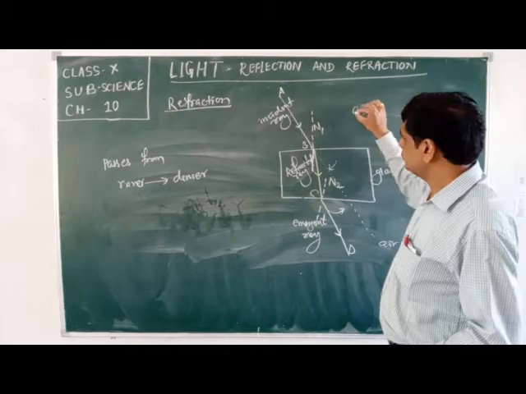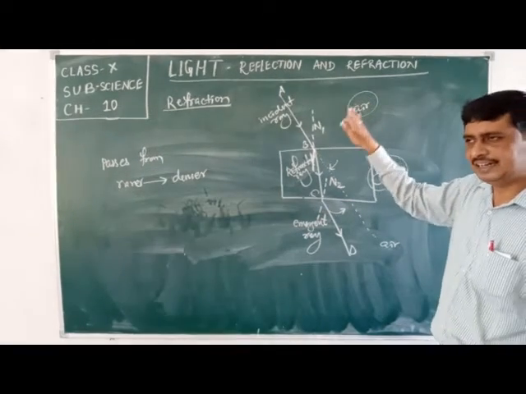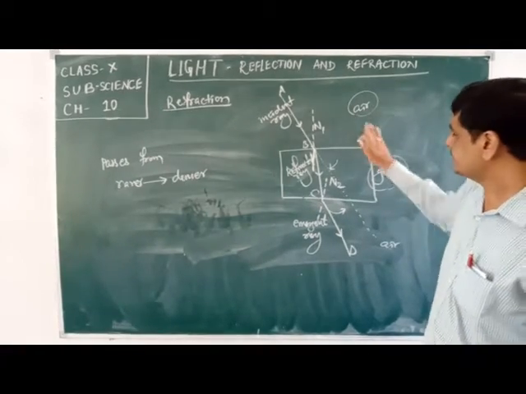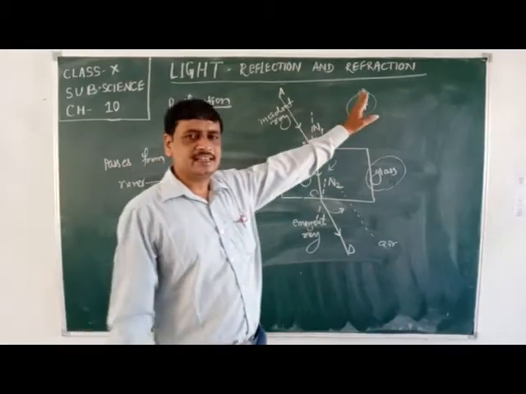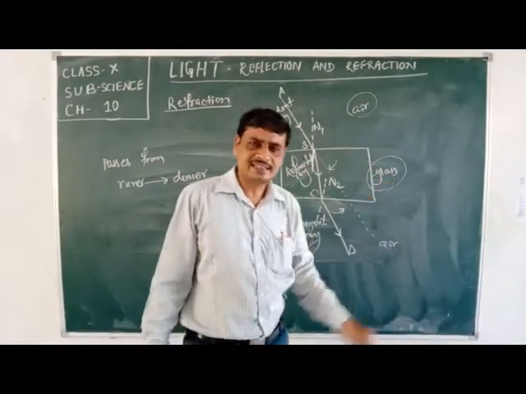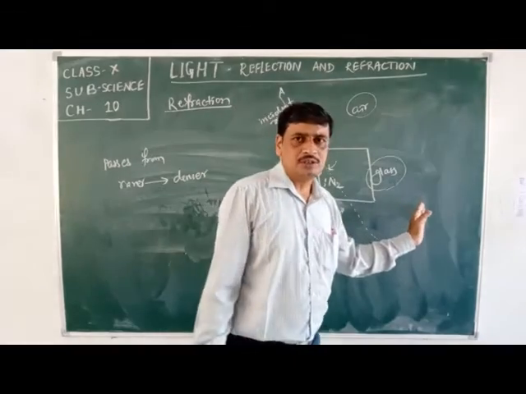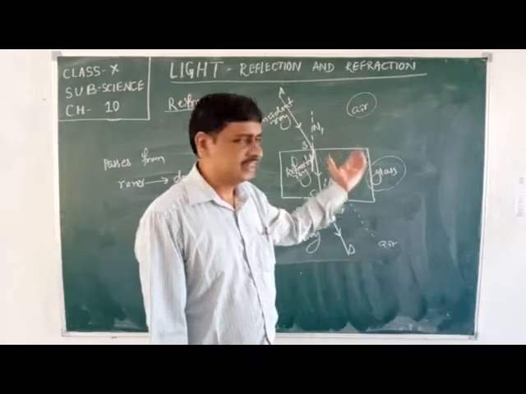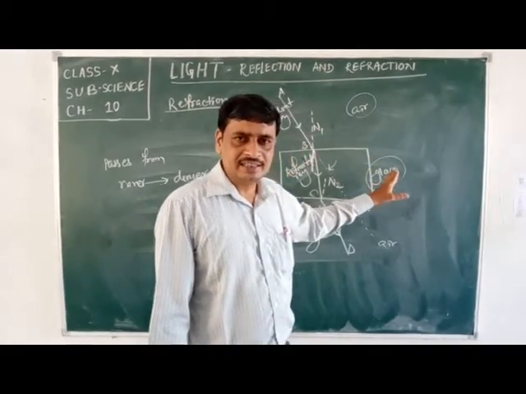Here, in between air and glass, air has less density as compared to glass. This air is considered as rarer and glass is considered as denser. If we consider different medium, they must be different. Like here, glass is denser.